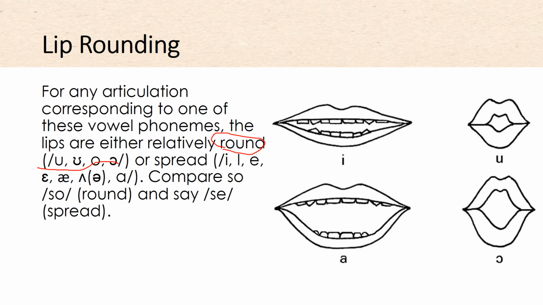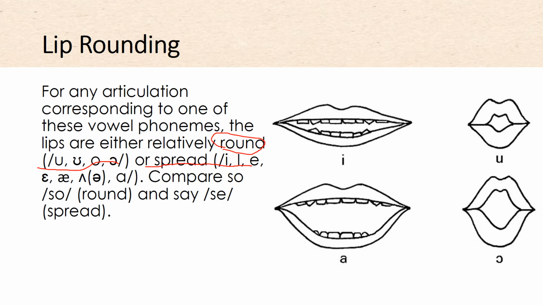So our lips are rounded. O, bowl, coal. Now, our mouth or our lips can also be spread through these vowel sounds like E, I, A, right? It's like you are smiling. So our lips are widening or spreading.